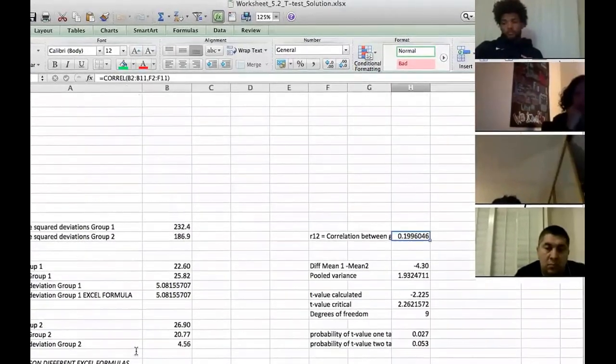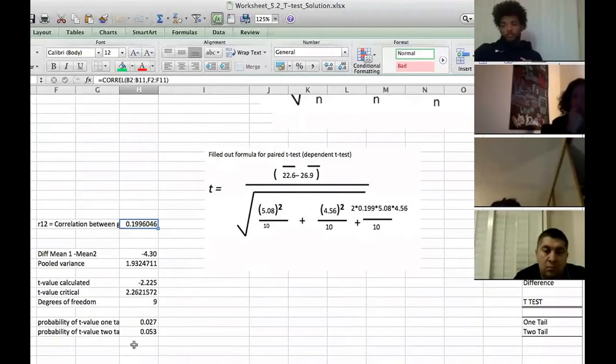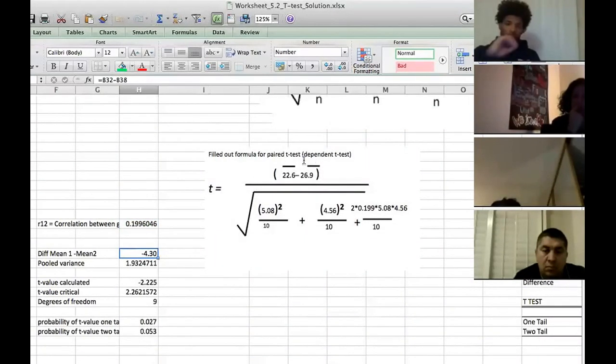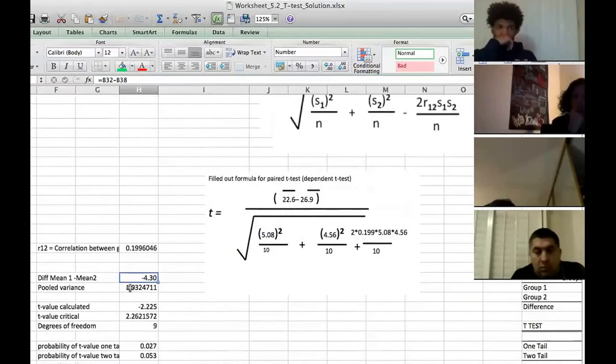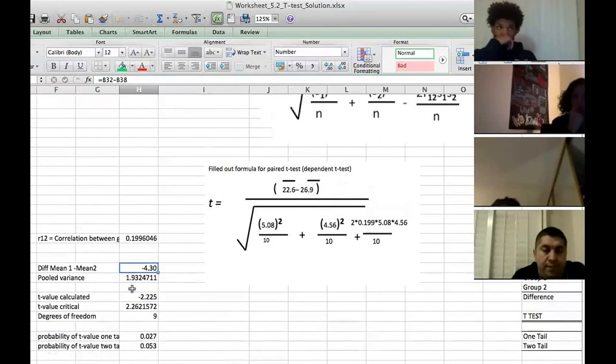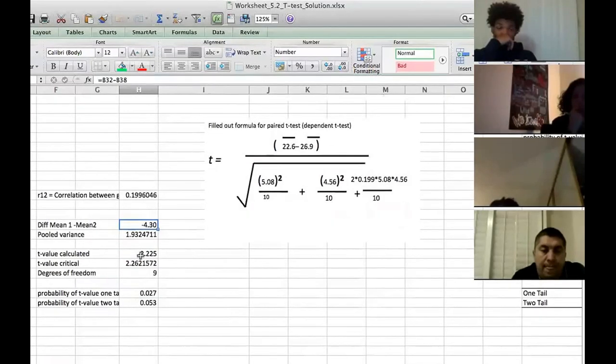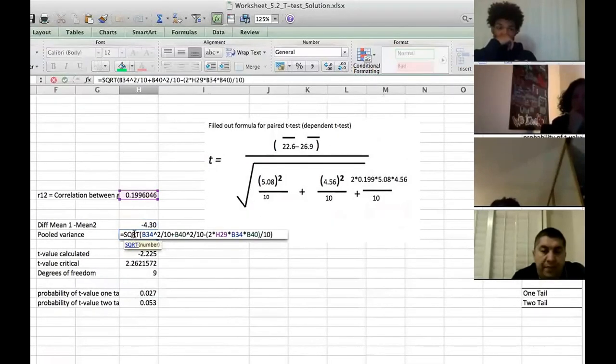All right. So now what we do next is, again, we calculate the mean difference. So here's the same thing that we had already. And then we also calculate the bottom variable here. It's the same thing as we did for the independent t-test.